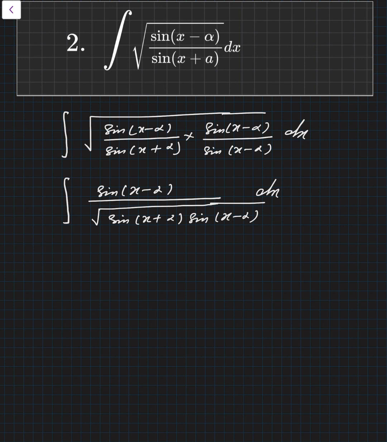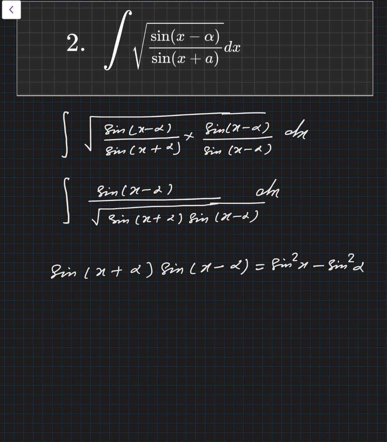Okay, in sine x minus alpha into sine x plus alpha into sine x minus alpha, that value is sine square x minus sine square alpha.